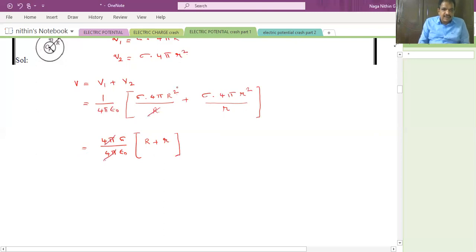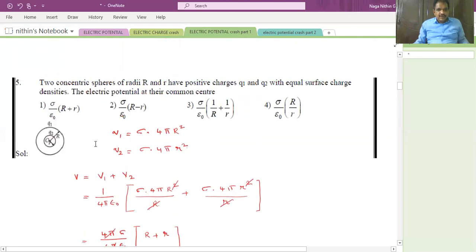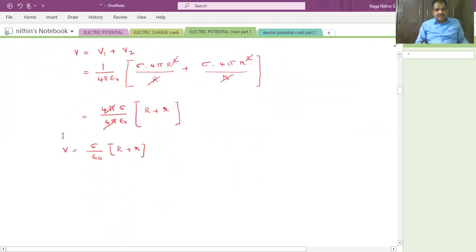So V is equal to finally sigma by epsilon naught into R plus r we will get. Sigma by epsilon naught into R plus r. So for this question also, first option will be the answer for it.